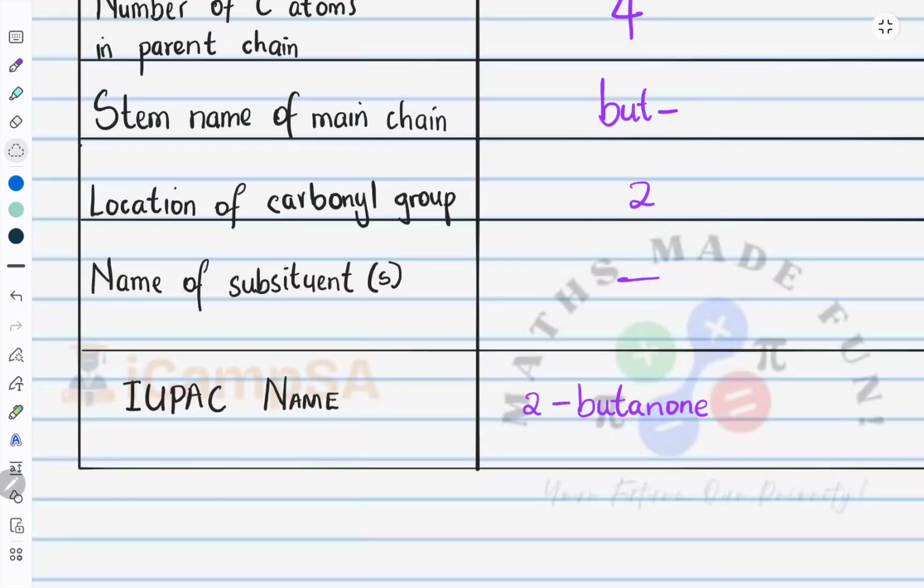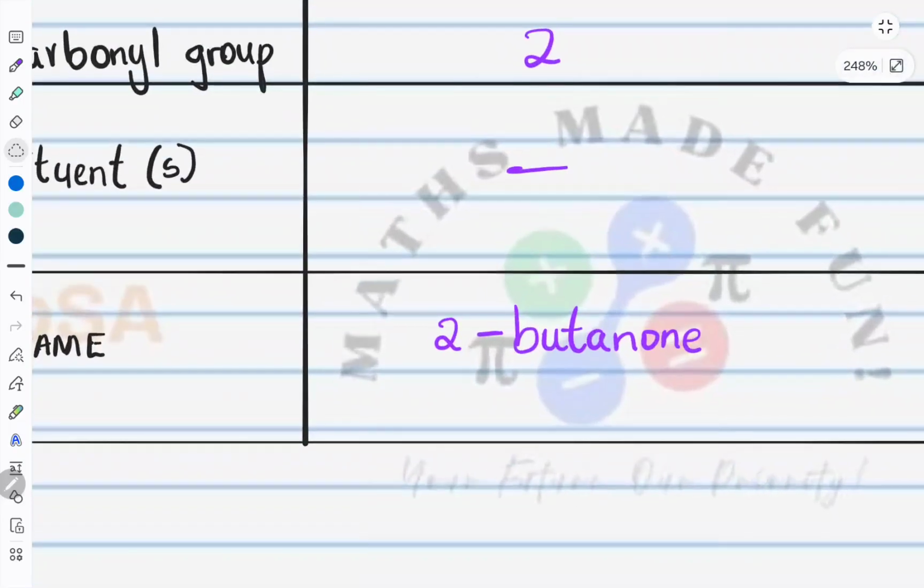All right, so when it comes to this one, it's similar to how we were doing with alkenes and alkynes and also alcohols. Once you have to start mentioning the location of the functional group, you can also name it differently. You can say butan-2-one, right?